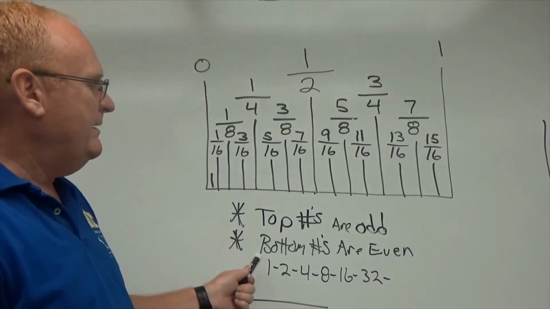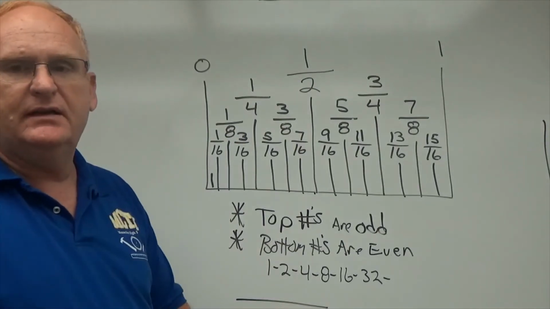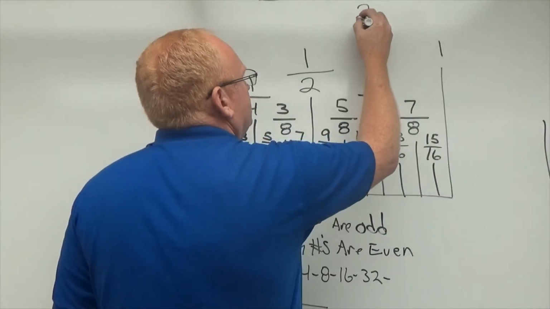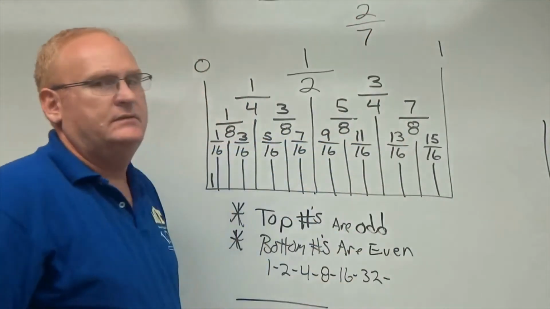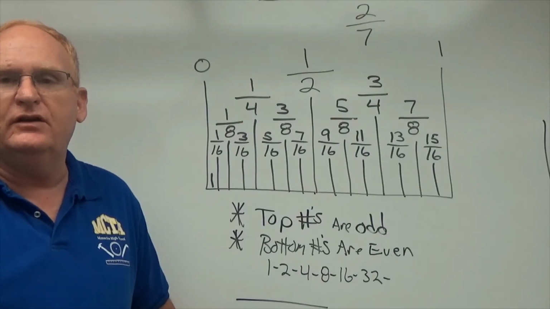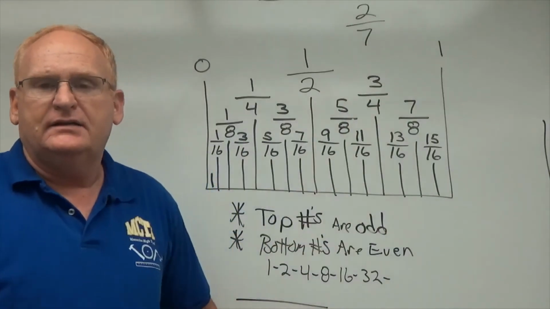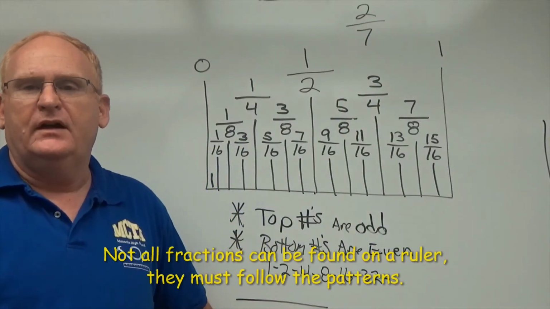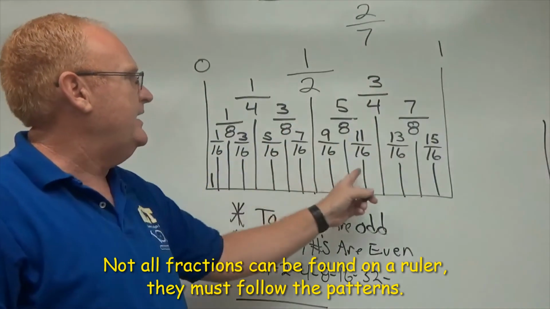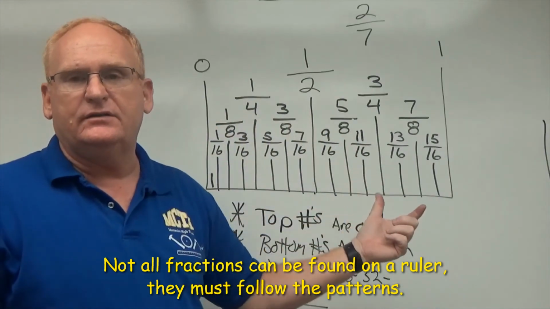So what happens if you have a bottom number like 7? Let me give you a fraction here. 2 sevenths. You look at that and the top number's 2, so you're thinking, ooh, I can reduce it. But you can't reduce 2 sevenths because 7 doesn't reduce evenly. You notice the bottom number's odd, it doesn't fit our pattern. There's no such thing as 2 sevenths on an inch.